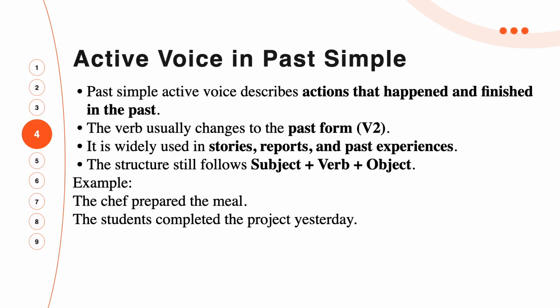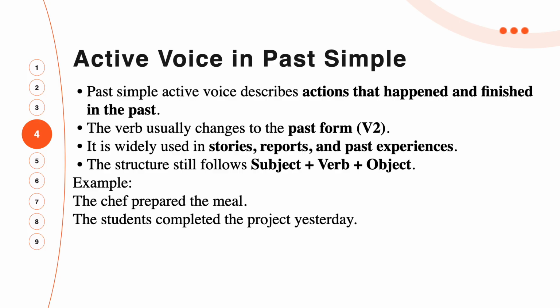In this slide, we focus on the active voice in the past simple tense. This tense is used to describe actions that happened before and finished in the past. In these sentences, the verb usually changes to its past form. However, the structure of the sentence still follows the pattern subject plus verb plus object.